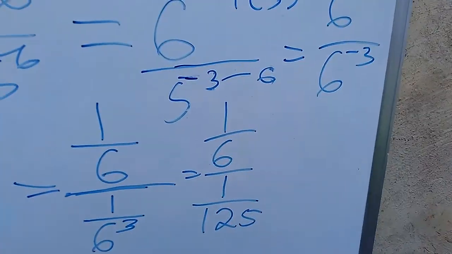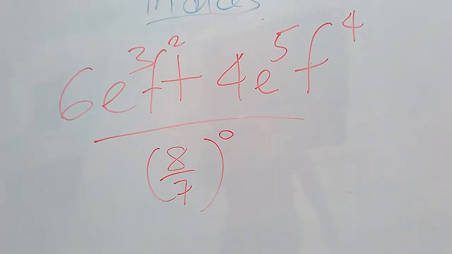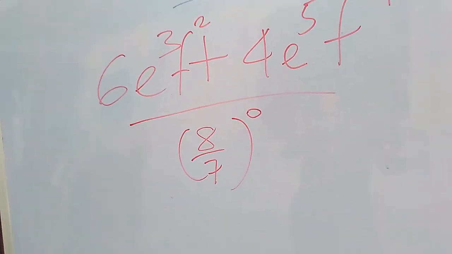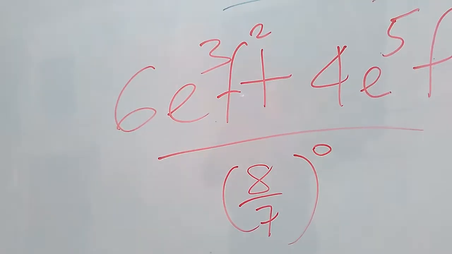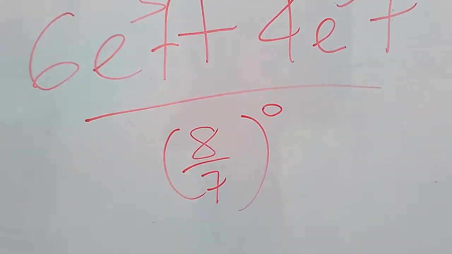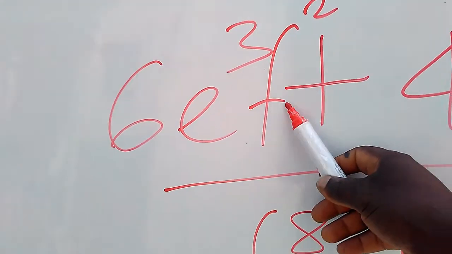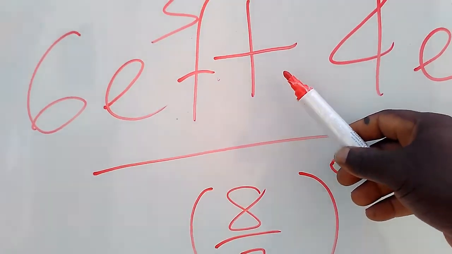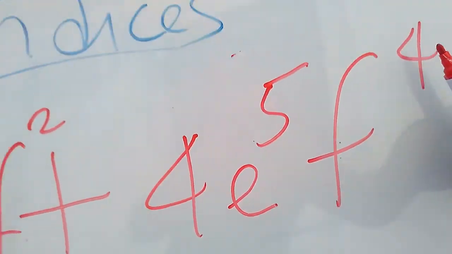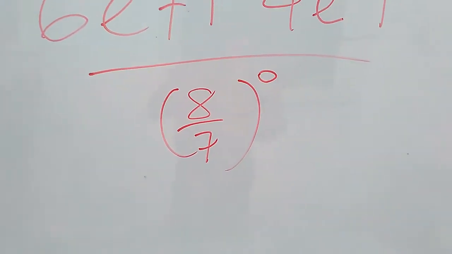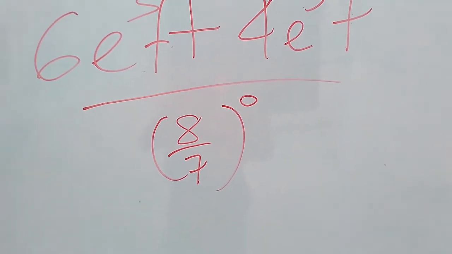So you can see something like this. How do we go about it? We still apply the law of indices. So this is saying 6e raised to the power 3 f raised to the power 2 plus 4e raised to the power 5 f raised to the power 4 all over 8 all over 7 raised to the power 0.